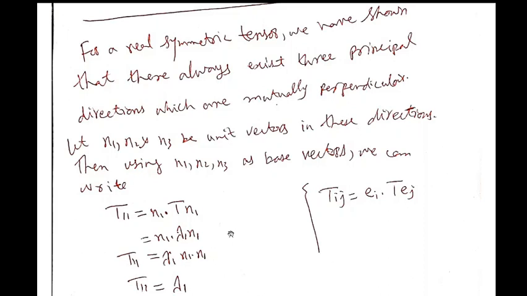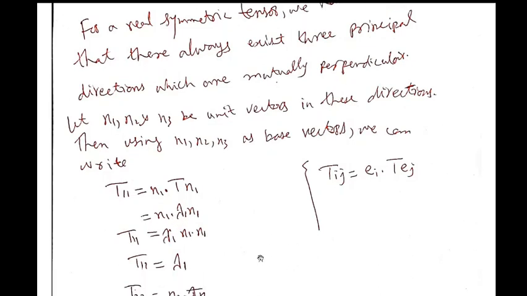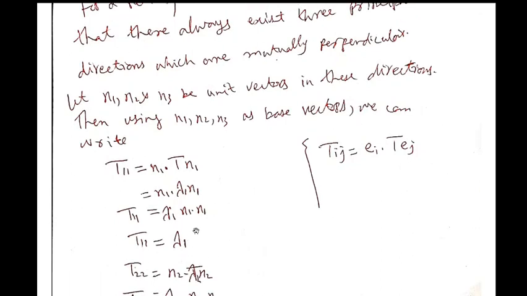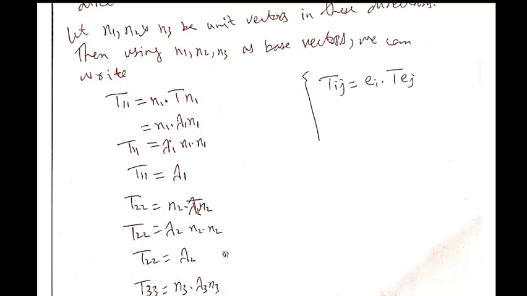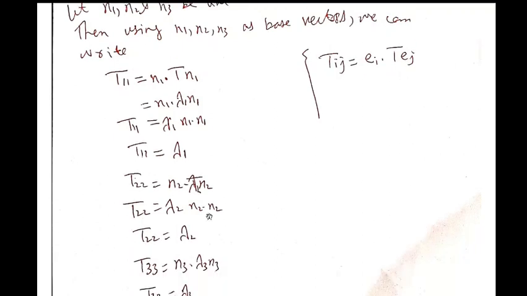From there we have Tn1 equals lambda 1 n1. So we can write lambda 1 n1 dot n1, and n1 dot n1 equals 1 for unit vectors, so T11 equals lambda 1. Similarly T22 equals n2 dot lambda 2 n2, which is lambda 2, and T33 equals lambda 3.